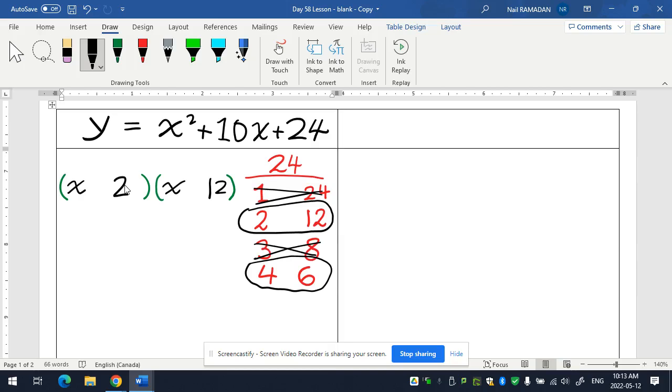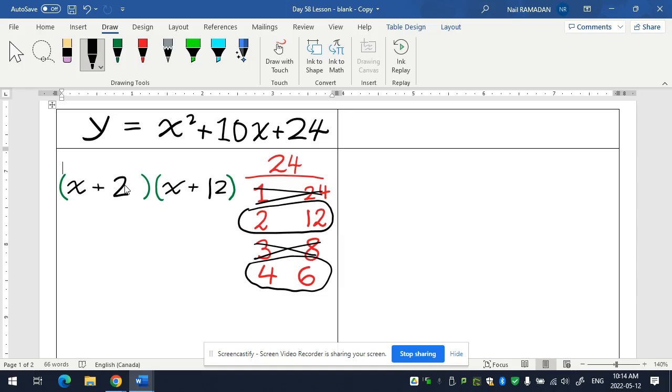Okay, everyone, pencils down. I'm going to show you how to actually do this in your head. Let's do plus plus. Okay, what's X times X? X squared, okay. What's X times 12? 12 X's.